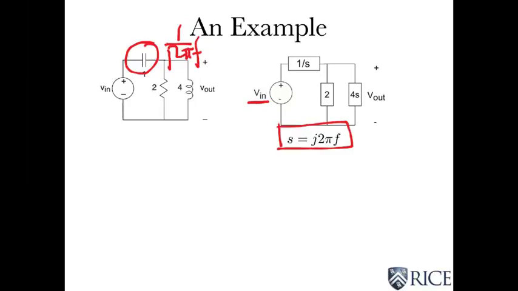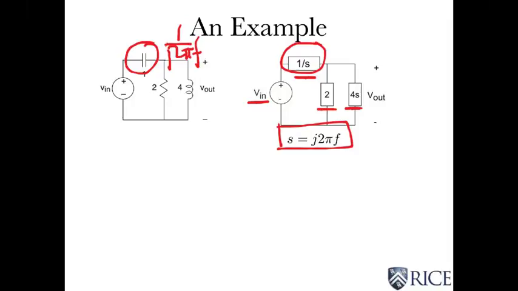And I write the impedance of the capacitor as 1 over s. What I'm going to do is use current divider, voltage divider, all those tools, and then at the end replace s by j 2 pi f. So the impedance of a 1 farad capacitor is 1 over s. The impedance of our 2 ohm resistor is still 2. And the impedance of our 4 Henry inductor is 4s.